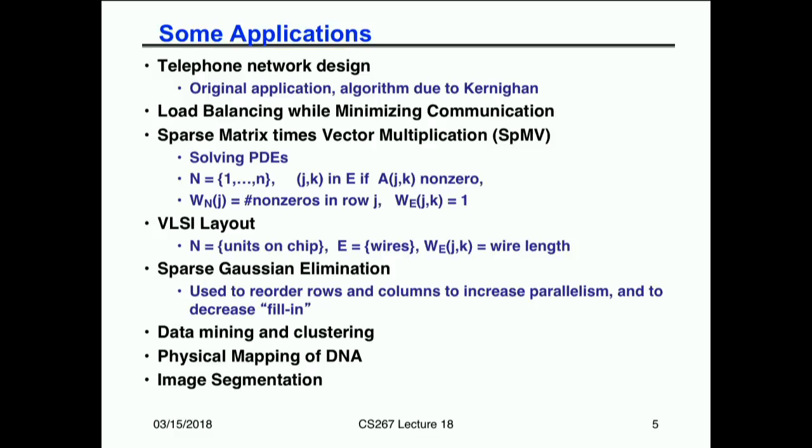So you're telling the software you can assign a different number of vertices for each cluster, as long as their weighted sums are more or less equal. Applications, I think the driving application originally was telephone network design by Kernighan. Do you recognize this name? Kernighan? He has a very popular old C language book. It's somewhat crazy that this guy worked on graph partitioning and also wrote the most popular C language book.